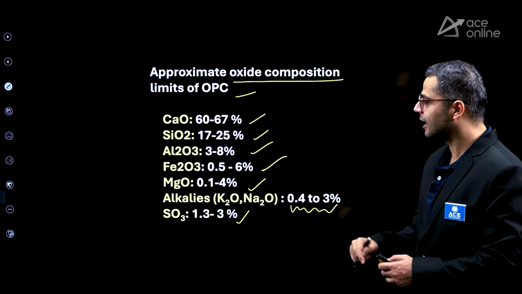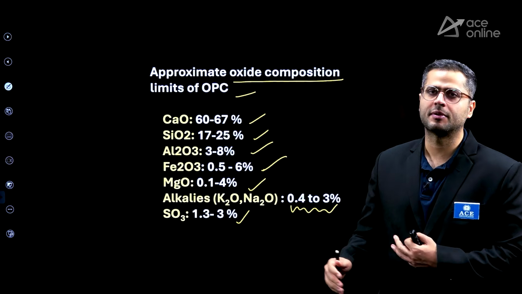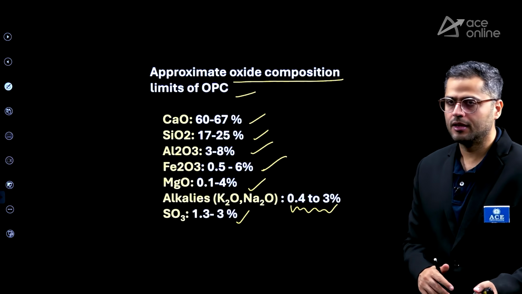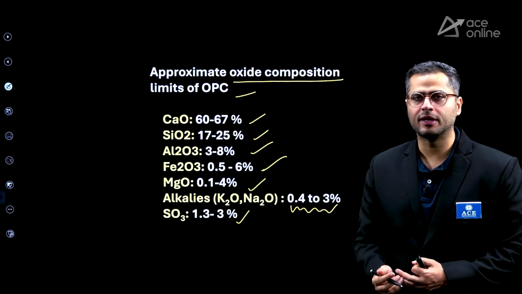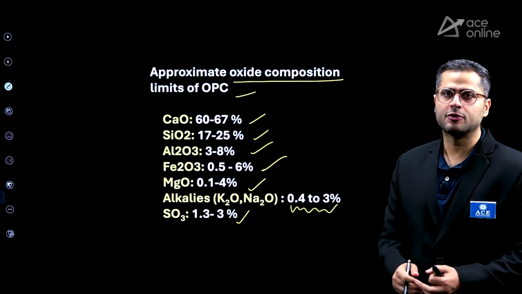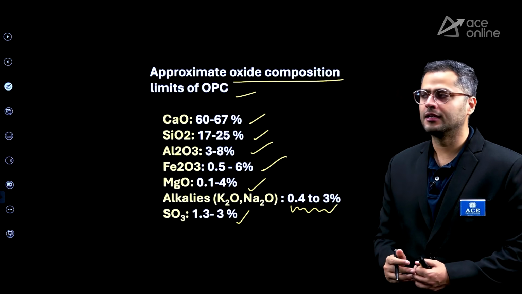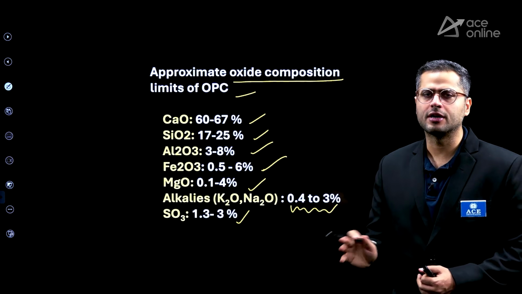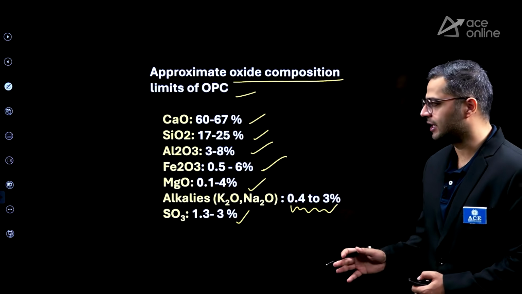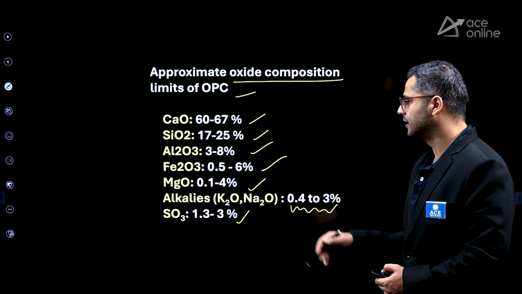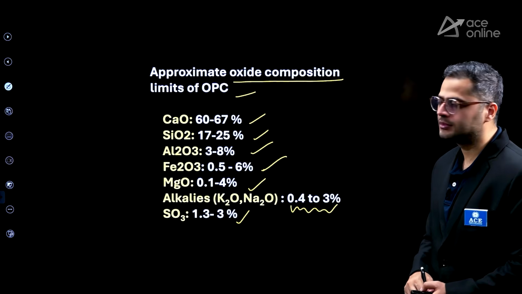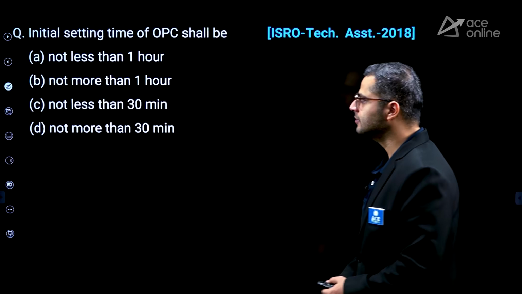Now alkalis are not added by us actually. Alkalis are present in the raw materials. We have to see the quality of the raw materials which are being used to manufacture cement, right? So alkalis are not added by us mostly. It is the undesirable things which come with the constituents.